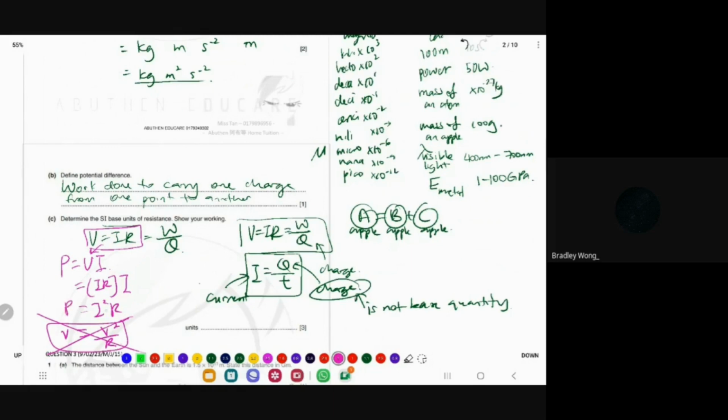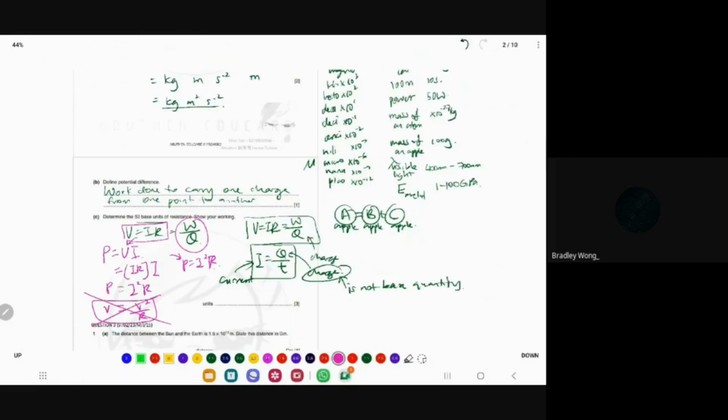So I want P equals I squared R. Why do I use P equals I squared R? Because everything can be in base unit. What is power again, in base unit? We already found it here.